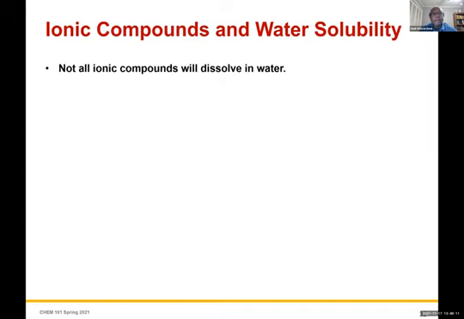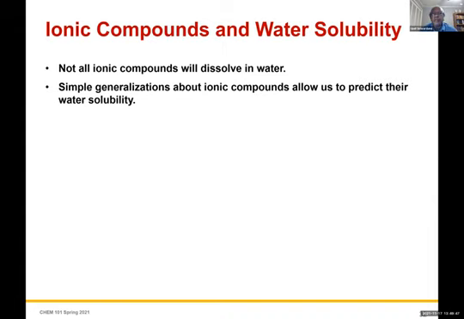So we have to find out which ionic compounds will not dissolve in water. The main reason they don't go into water is that the solvation energy released in breaking up the ions is smaller than the energy required to break up the crystal. So when the crystal breaking energy is larger than the solvation energy, they don't go into solution. They become insoluble.